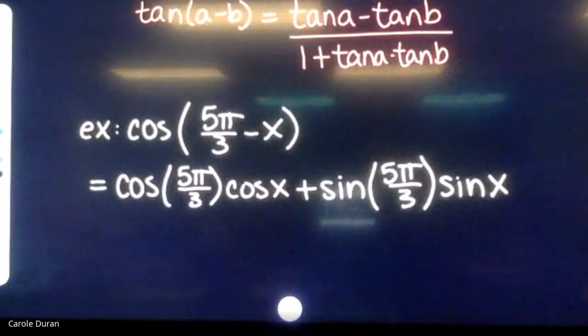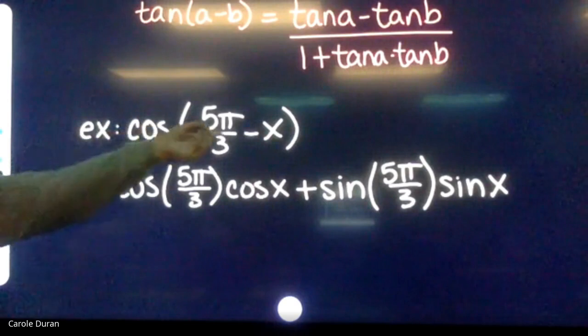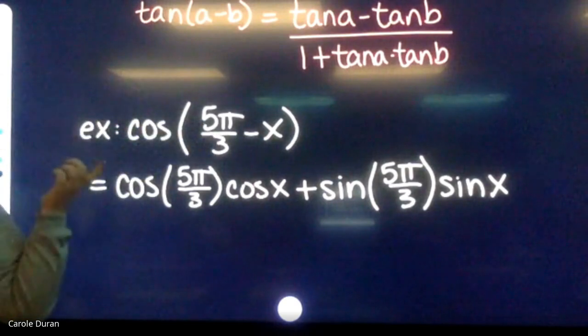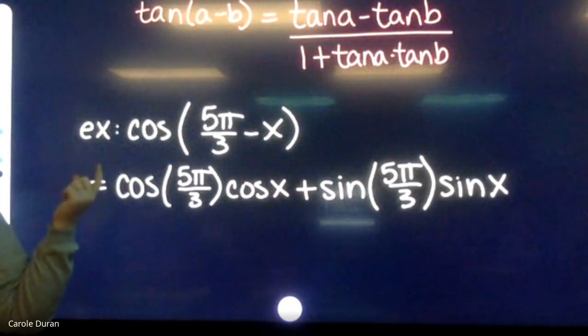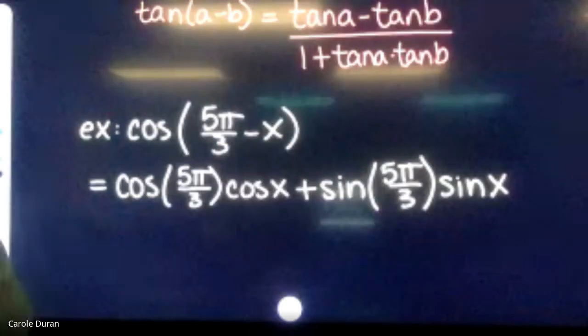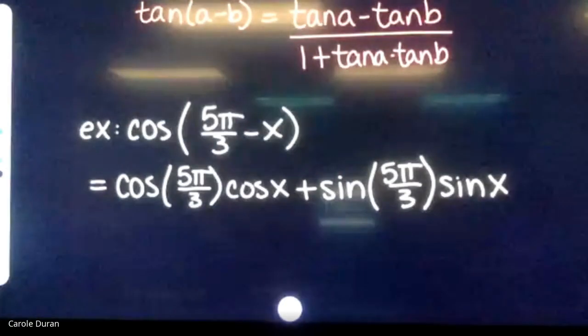So I went to my list of sum and difference because it's subtraction, which means I know it's difference. I went to the cosine one that is difference, and I wrote the identity, but instead of putting in A and B, I put in the two angles that I had been given.